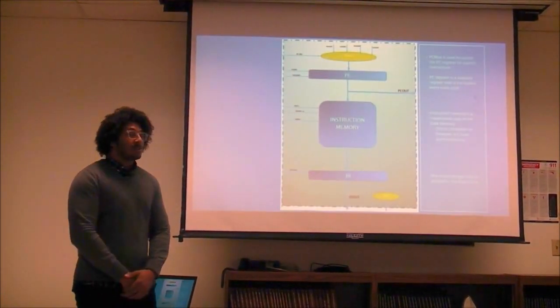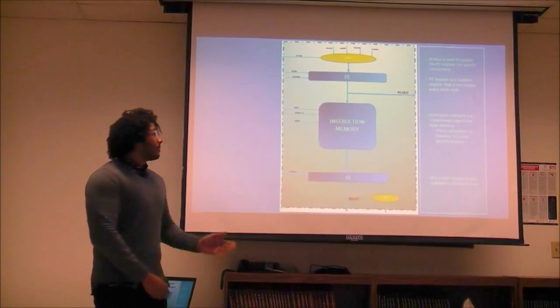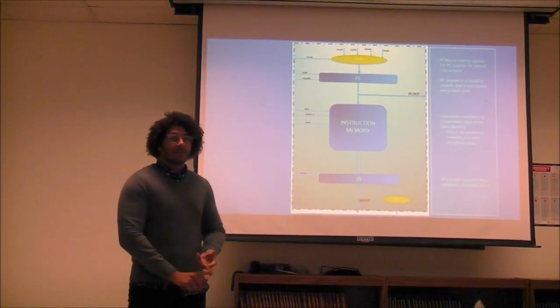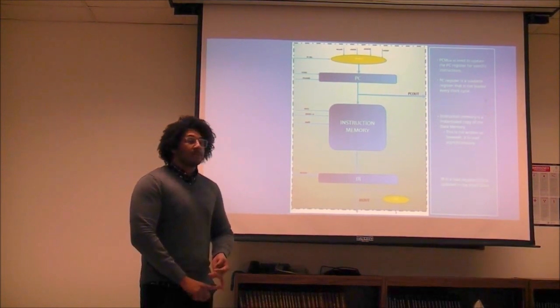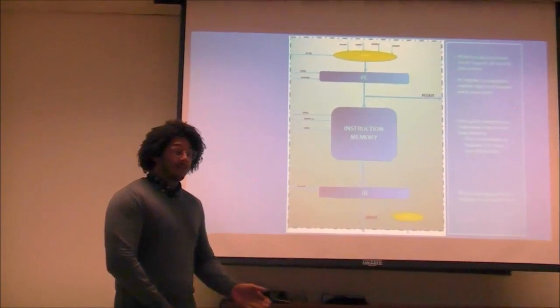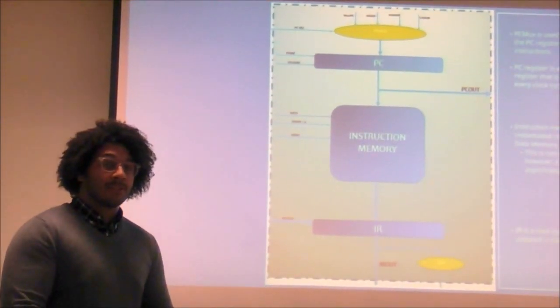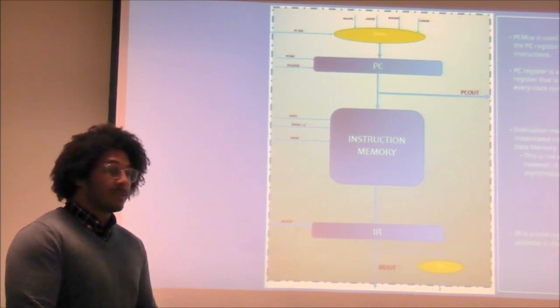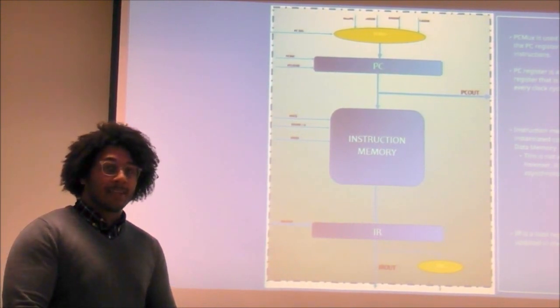So now diving into the instruction memory unit, we're made up of 4 essential parts. It's the PC MUX, the PC, the instruction memory unit, and the IR register. The IR register holds the current instruction. This is not loaded at every single clock. It has a control signal that allows it to load at certain times.